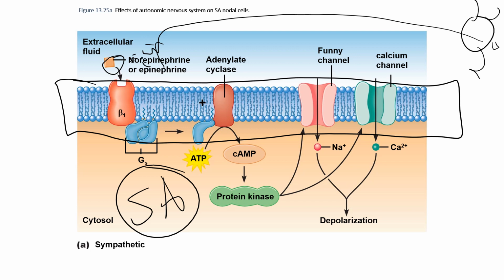Okay, embedded into the plasma membrane of this sinoatrial node fiber are receptors for norepinephrine. Okay, that's the receptor right there. They're called adrenergic receptors. That stands for adrenaline receptors. Norepinephrine and epinephrine can also be called adrenaline. Okay, so the name of the receptor is named after adrenaline.